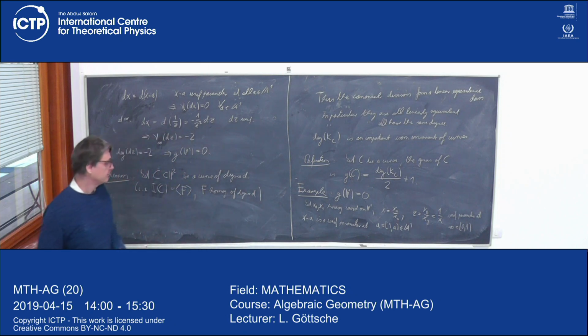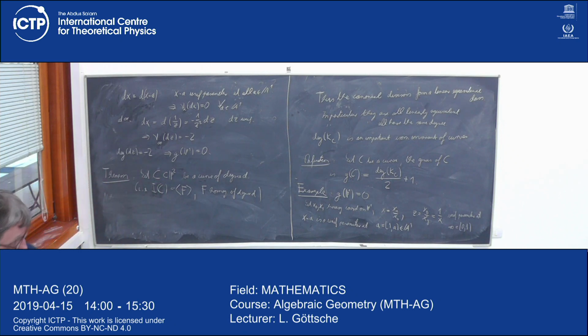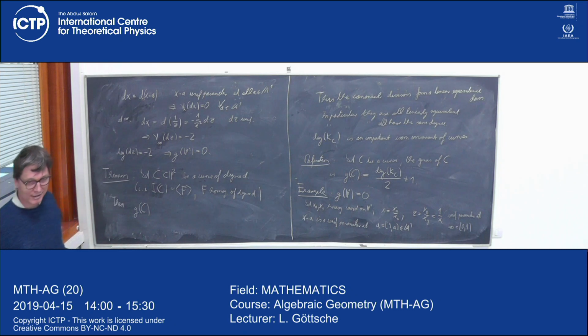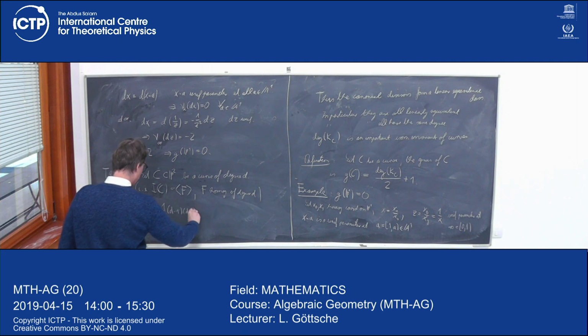And obviously, curve for us means non-singular curve, so C is non-singular. Then the genus of C, anybody guess? Well, most likely you looked it up in the book. So it's this number, 1/2 (d minus 1)(d minus 2).